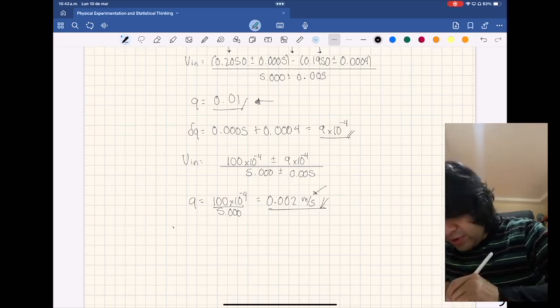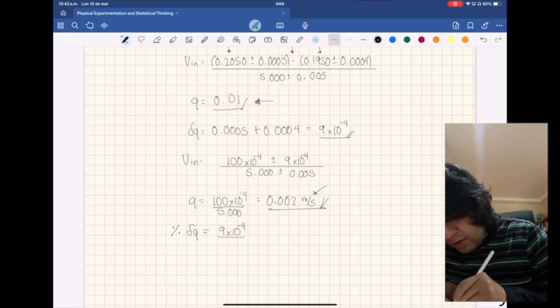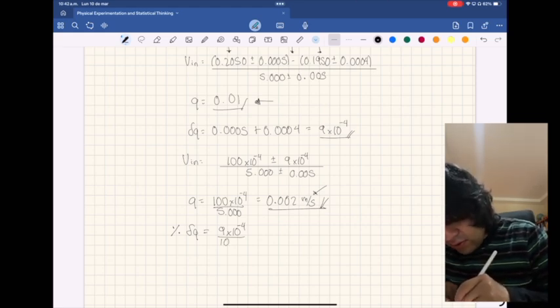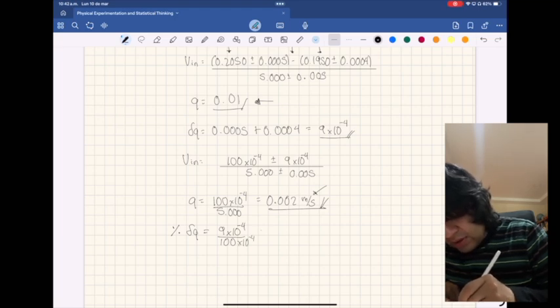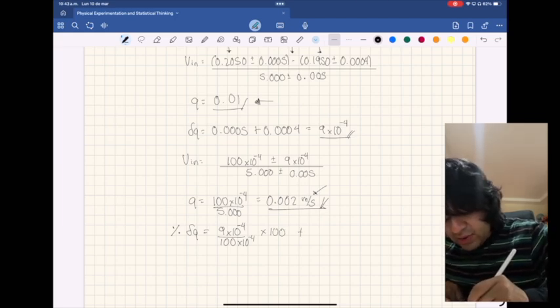Now we proceed with percentage uncertainties, and for that we have to remember how to calculate them. So first we take the uncertainty, and we have to divide with the main measurement, and the result times 100. And we have to add this to the other uncertainty.